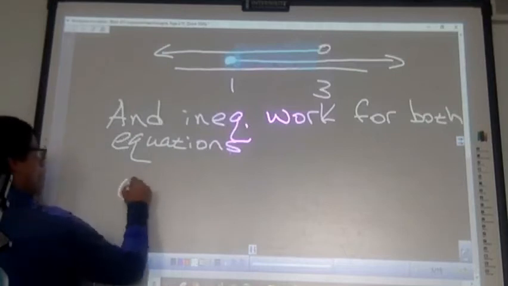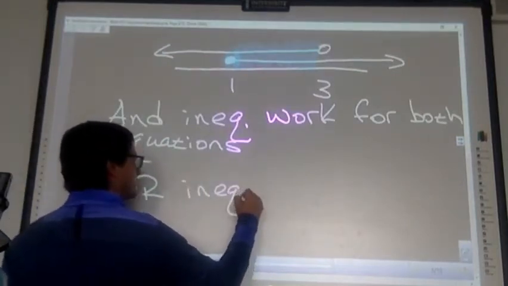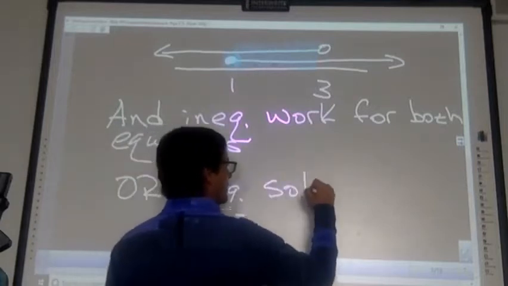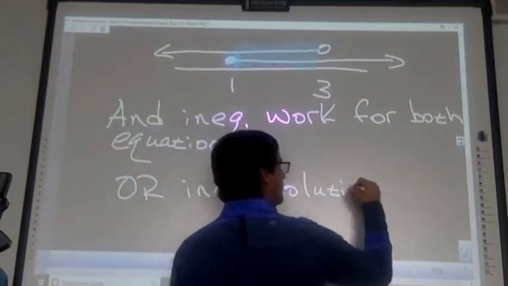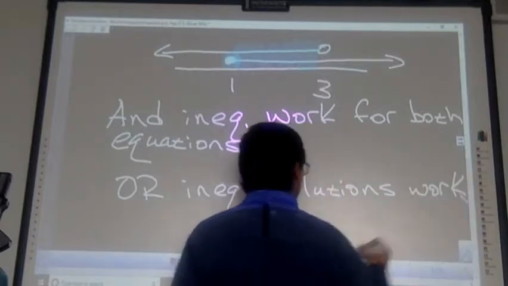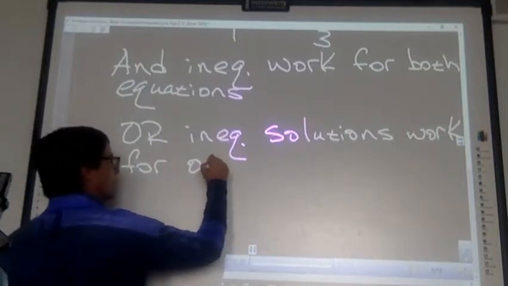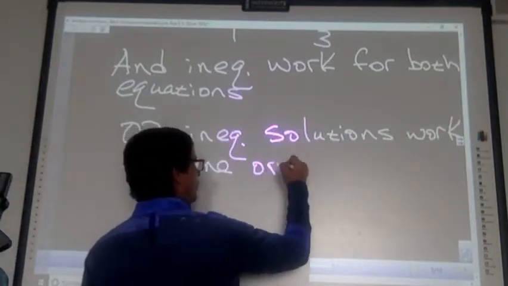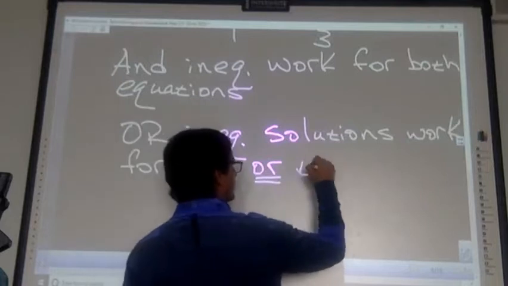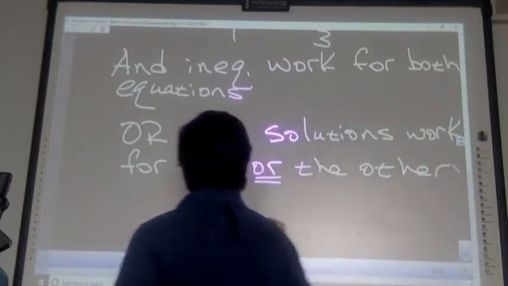And then when you have or inequalities, solutions work for one or the other equation. So just one equation, that's all it has to work for.